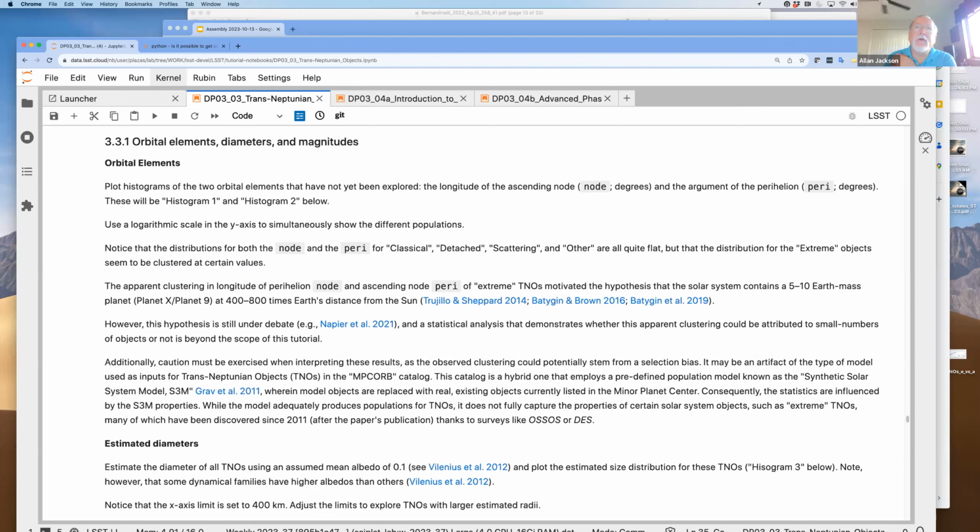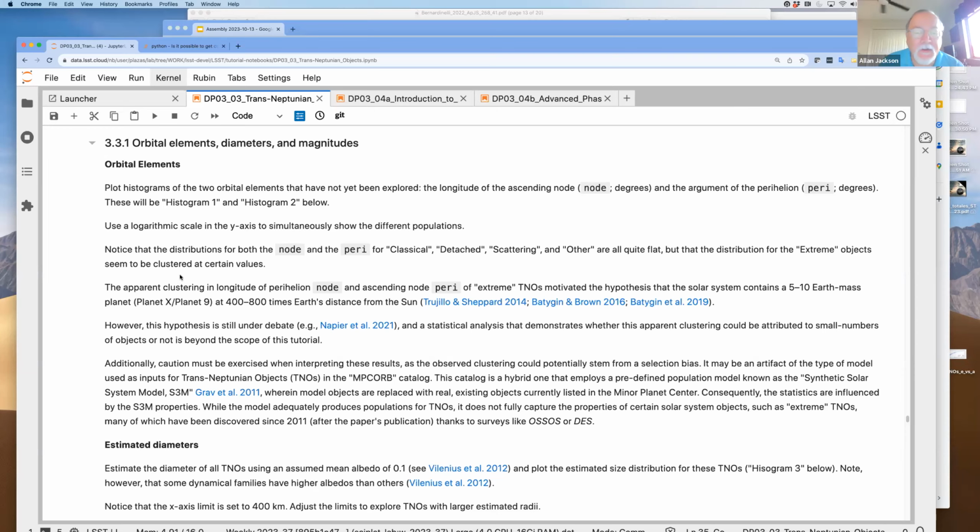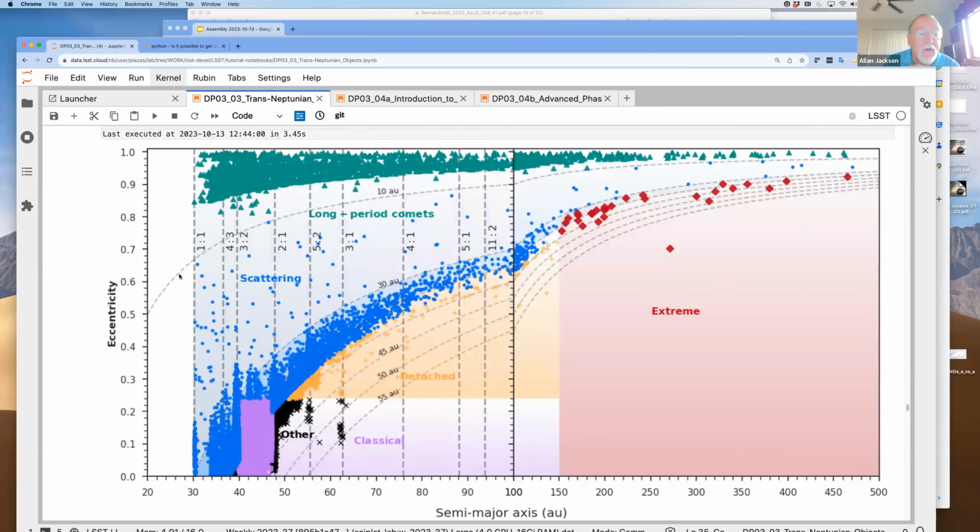Now, there was one diagram you had with the classicals in purple. It was that one there. Do you think it's possible to change that purple into a more transparent color?